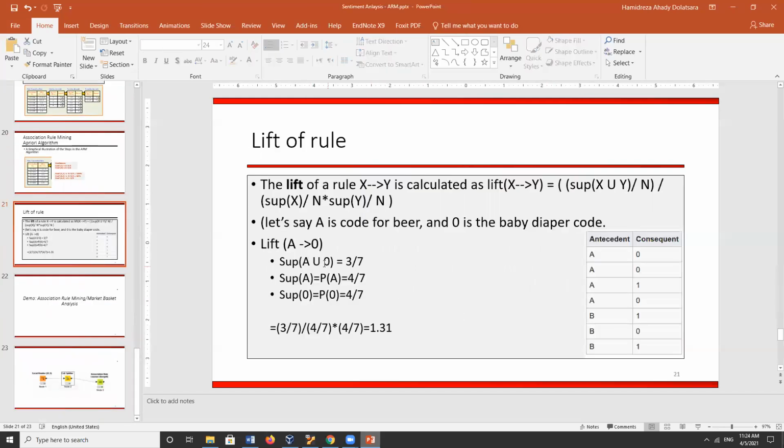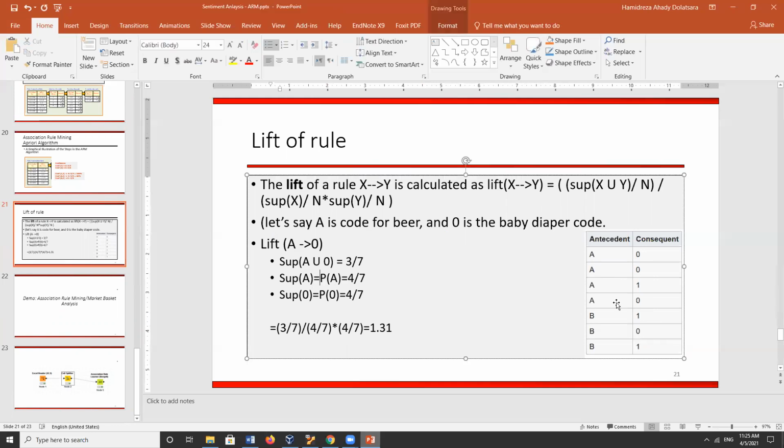Here, probability of union: in how many transactions do these 2 items happen together? In the first, second, and fourth. 3 out of 7 transactions. What is probability of A? 4 out of 7 transactions. What is probability of 0? 4 out of 7.